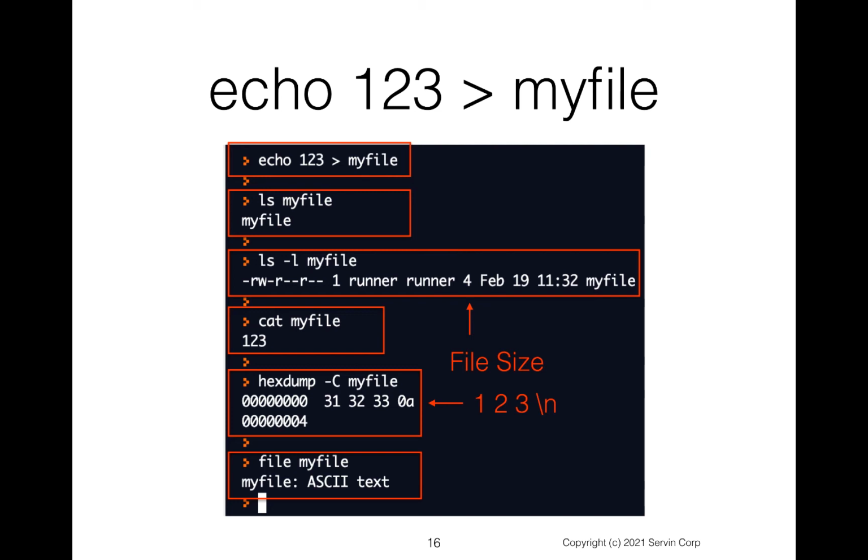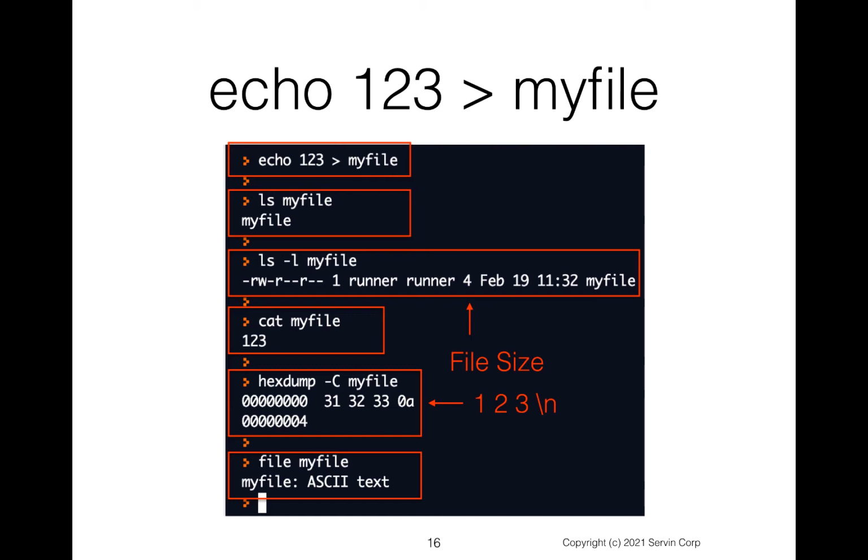Well, it turns out the echo command also puts on the end of whatever you're echoing a new line character. And in fact, notice if we do the hex dump with the -C option on myfile, it dumps out the values in hex. So hex 31 is actually ASCII 1. Hex 32 is ASCII 2.